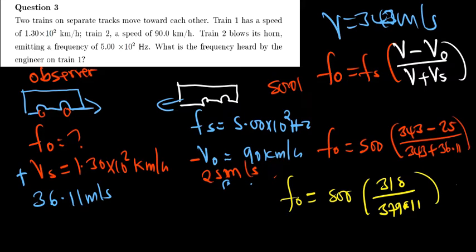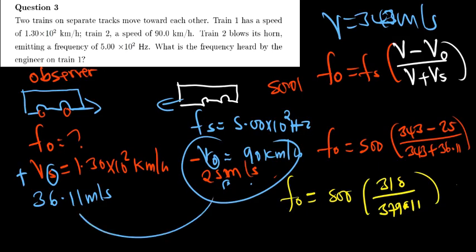Which one is the velocity of the source and which one is the velocity of the observer? I've swapped them. Have you seen here? Here there is Vs, then here there is Vo. I'm supposed to put this here and this there.